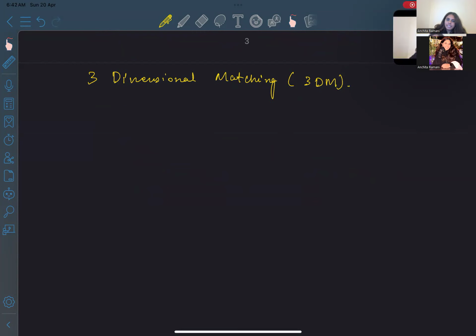It's just like making teams of three players, where each player comes from a different group, and we want to make teams where no player is reused. We have three players, and each of them comes from a different group, let's say A, B, C, okay?